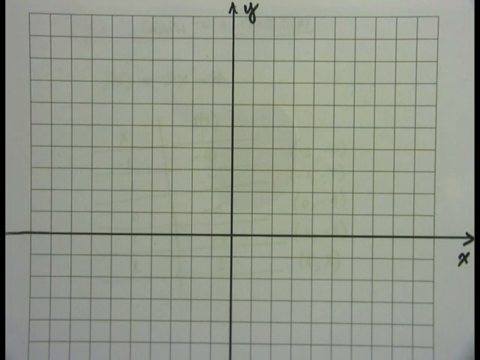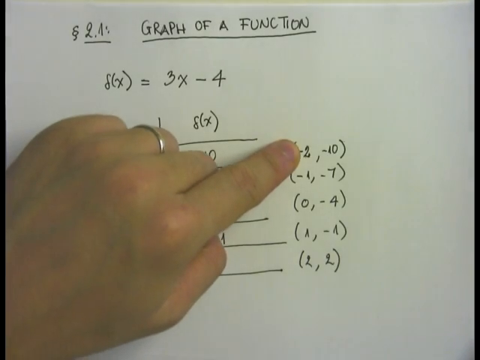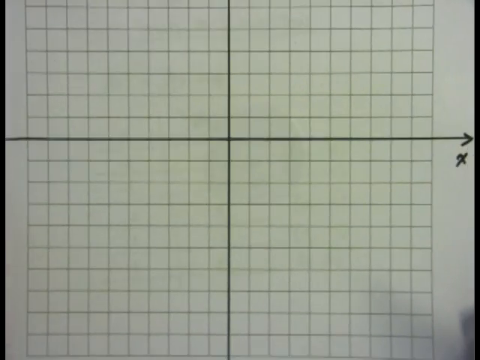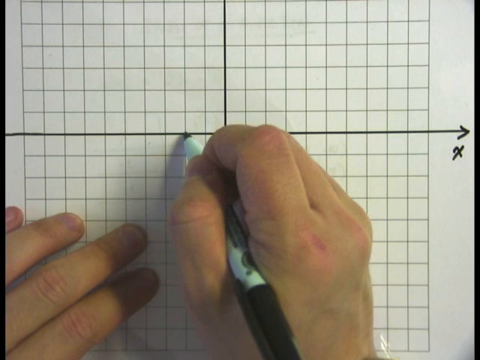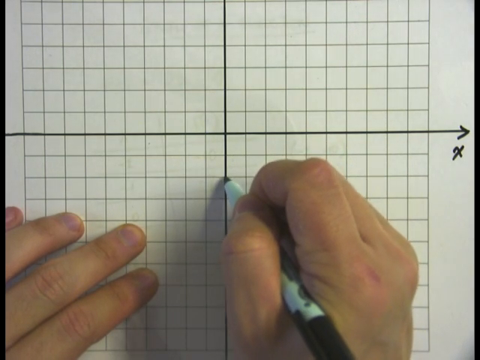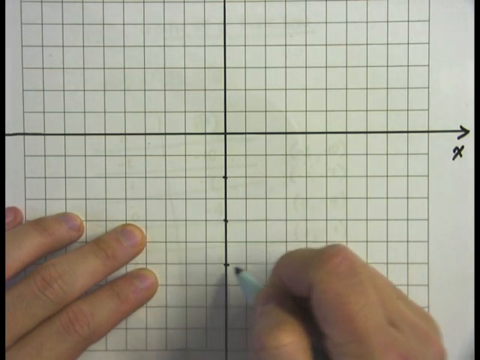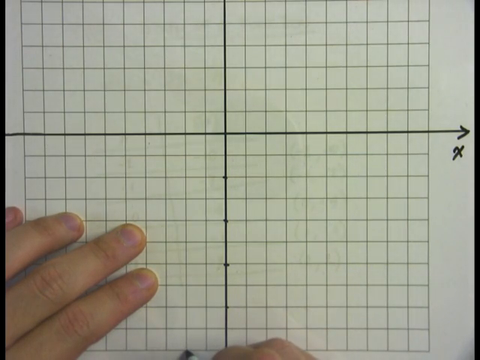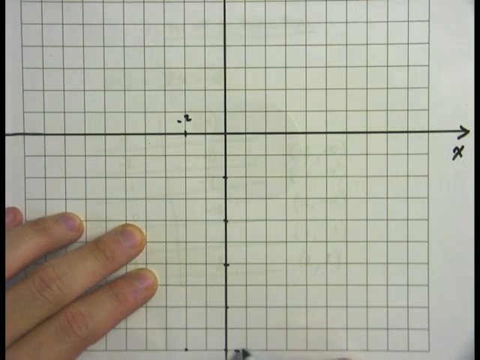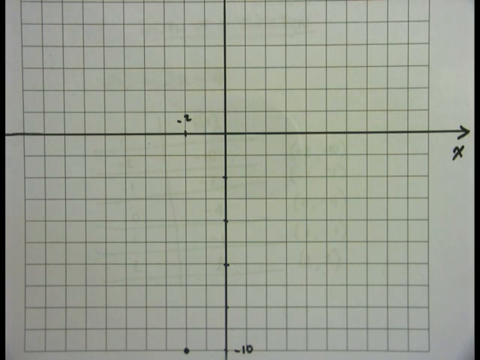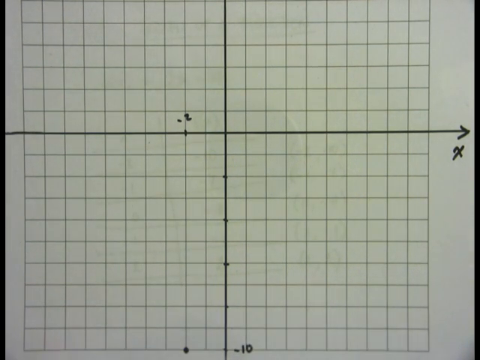The first point that we have would be -2, -10, and here's where we can locate it on the x and y system. -2 for x is right here on the x-axis, here's -10, and right here where those two coordinates meet, we have the point.